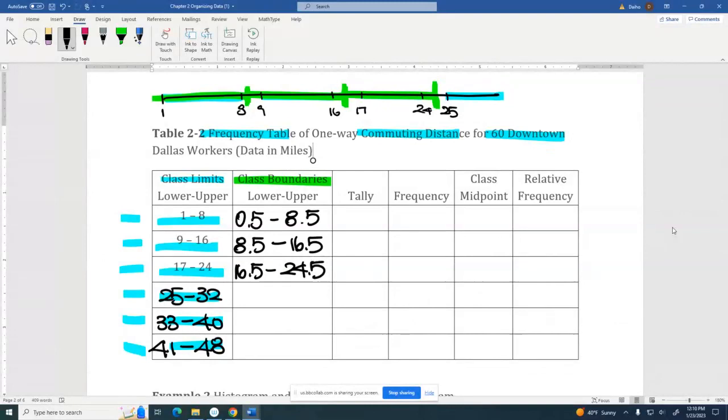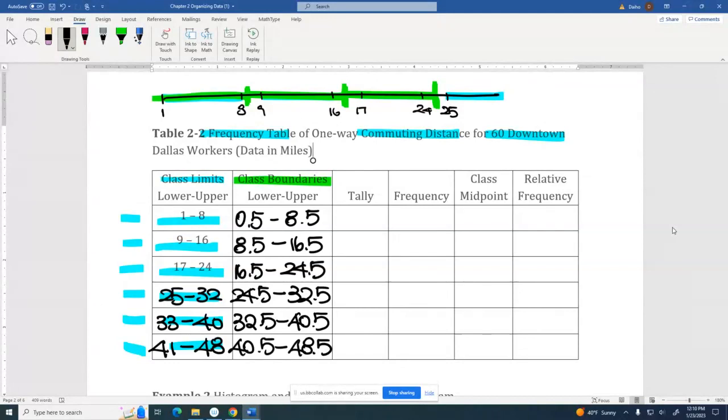There is no gap. It's between the classes. That is the class boundaries. And let me keep going: 24.5 to 32.5, 32.5 to 40.5, and 40.5 to 48.5.